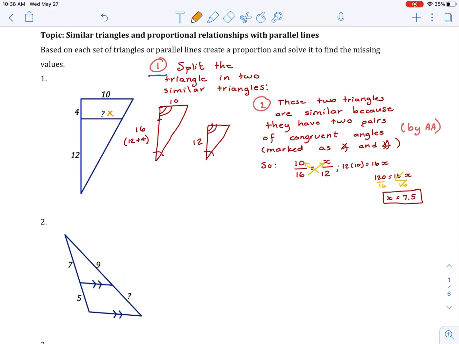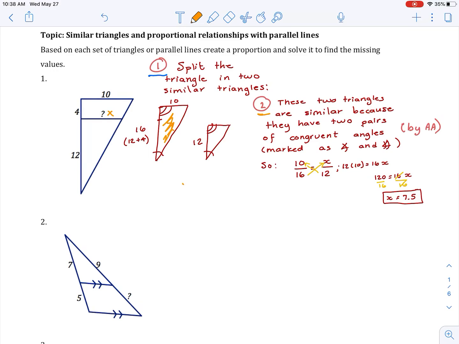So let's make the question mark x, which is what we did here, and this is our big triangle. So these two triangles are similar because they have two pairs of congruent angles by the AA. So 10 over 16 is equal to x over 12. Okay, so here's where those numbers come from.